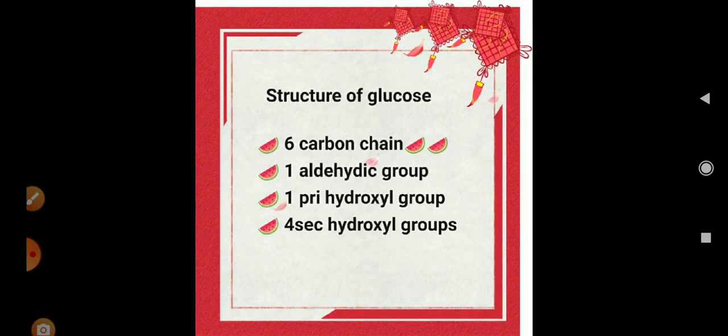So what we have concluded from the evidences is that glucose consists of 6 carbon atoms and all carbon atoms are in a chain. There is one aldehyde group, that is CHO, one primary hydroxyl group and 4 secondary hydroxyl groups are present.